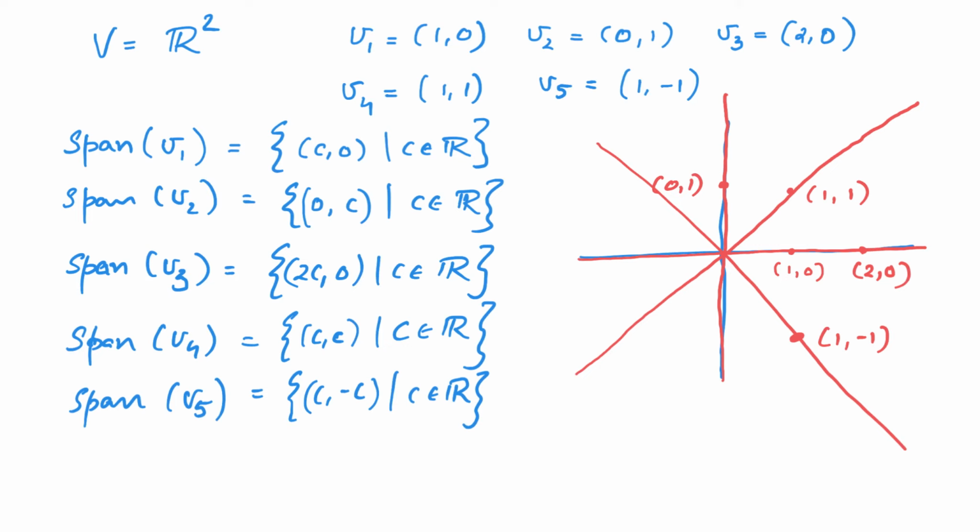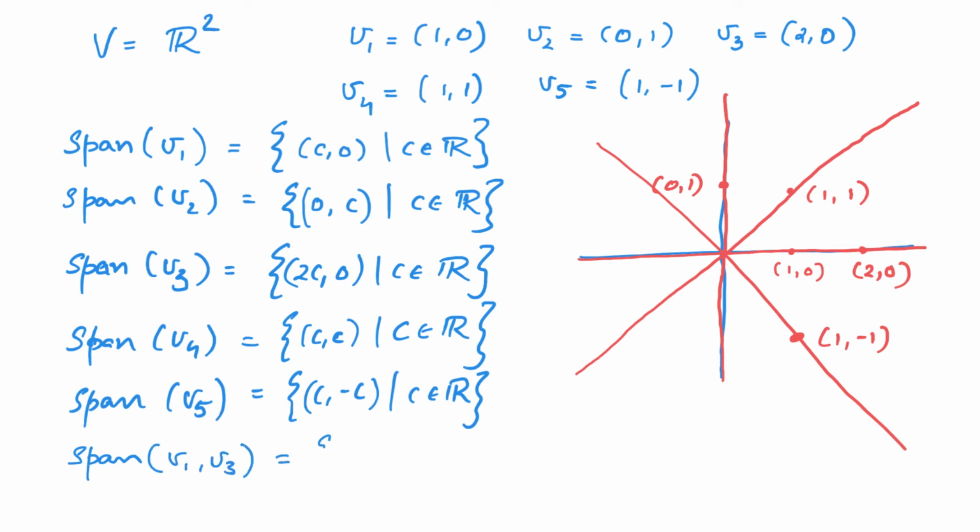And algebraically, this happens precisely because v3 is a scalar multiple of v1, or in other words, v1 is a scalar multiple of v3. This is something you have to understand. Now you can also look at the span of two vectors. For instance, we can look at the span of v1, v3.